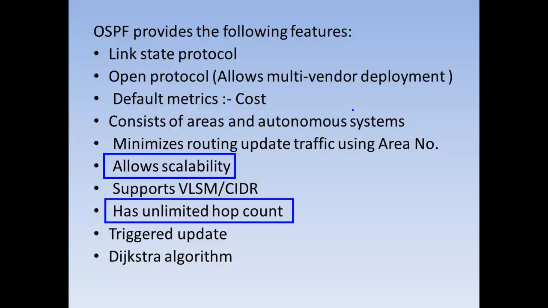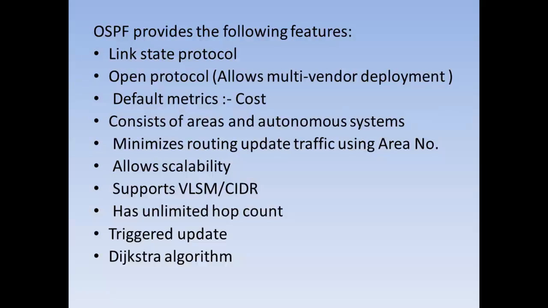It cannot go beyond 16 hop count or 16 routers. Similarly, EIGRP can be configured up to a maximum of 255 hop counts, but OSPF has unlimited hop count. It does not have any limit. Unlimited hop count can exist from source to destination, so it can scale up to any size of network.